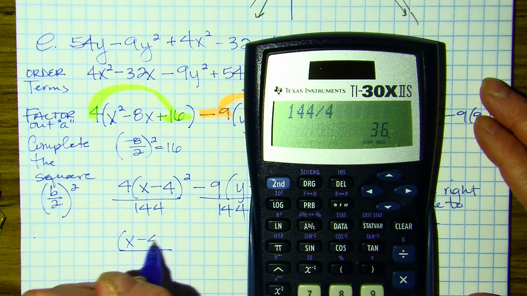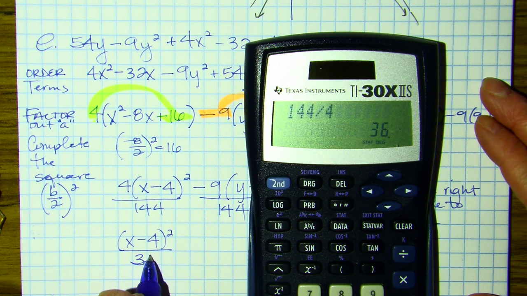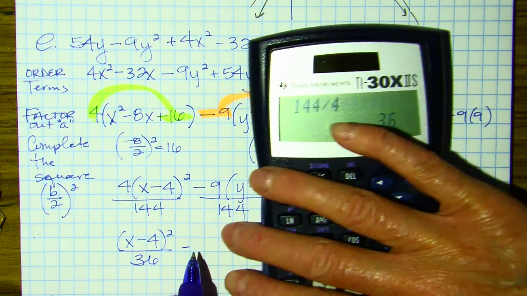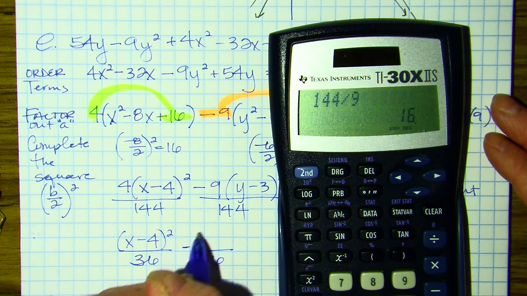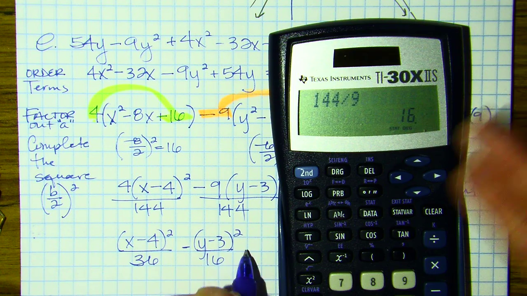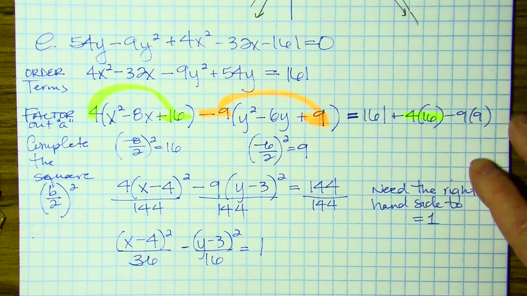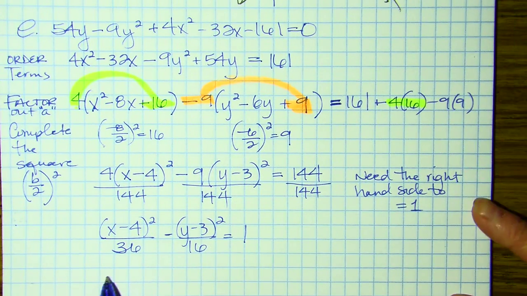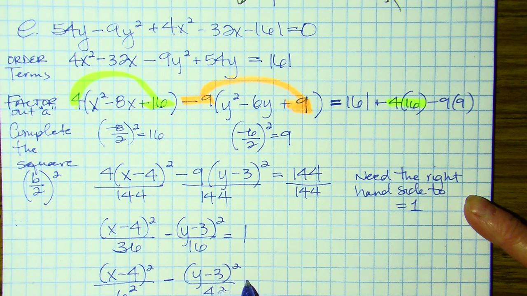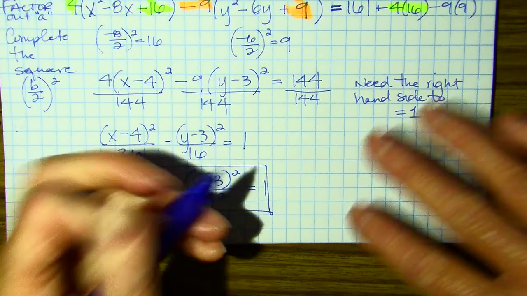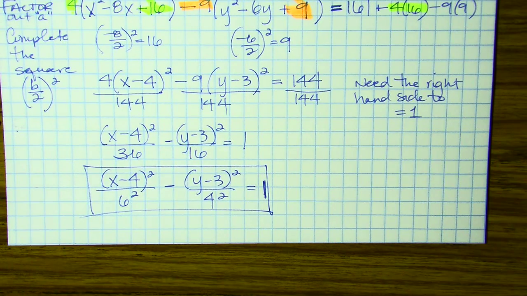So x minus 4 squared over 36 minus 144 reduced by 9 is 16. Y minus 3 squared equals 1. Now, you could rewrite this so it looks the way it does in the book. 36 is 6 squared, minus y minus 3 squared over 4 squared equals 1. And that, sorry, this is a big one. That completes our notes.